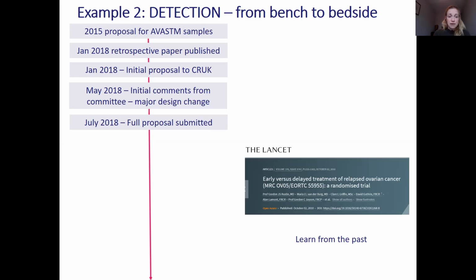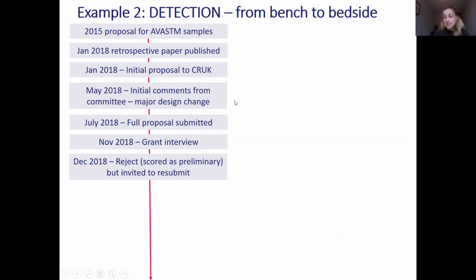Then we submitted the full proposal and had a grant interview, and you can see this has taken almost a year, so that's normal. Then it was rejected. That was because we only had access to targeted therapy at the time, and not immune therapy, but they left the door open to us.